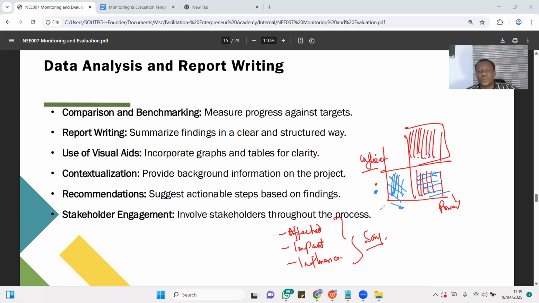So for all your projects, you want to make sure that you look at your different stakeholders and look at how to involve them, because the success of your project is going to depend on how you carry along your stakeholders. There are some projects that don't work because the stakeholders involved are not carried along. Imagine you're processing some kind of software, you intend to create a new application, or you just want to improve on what you have currently for your business, and you want to collect payments online.